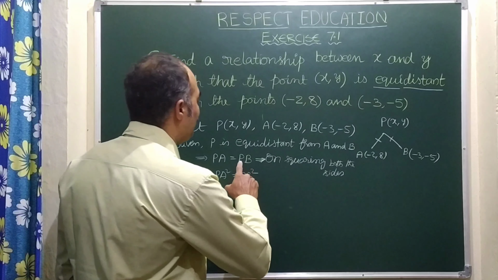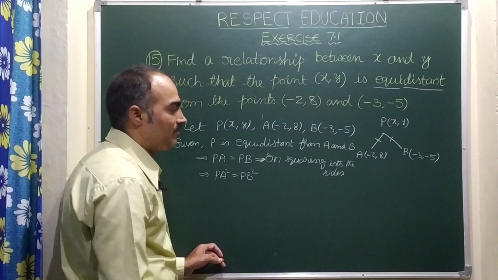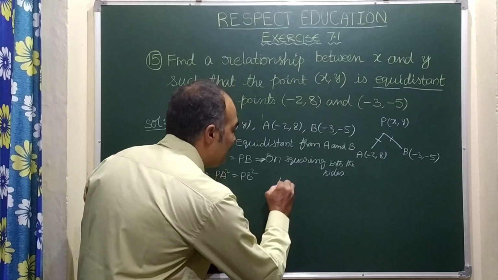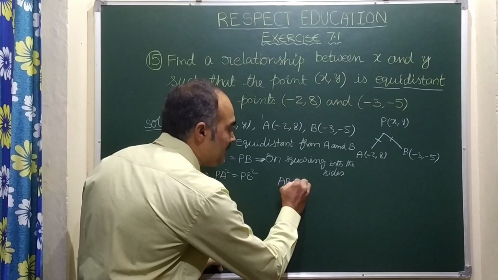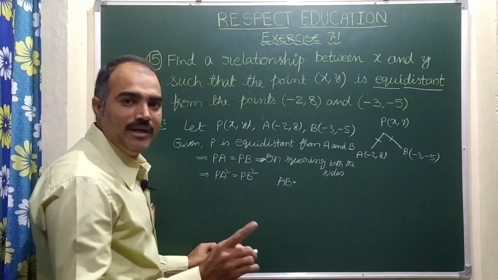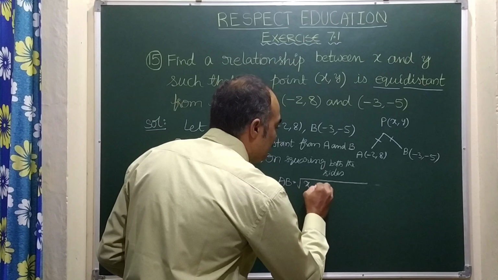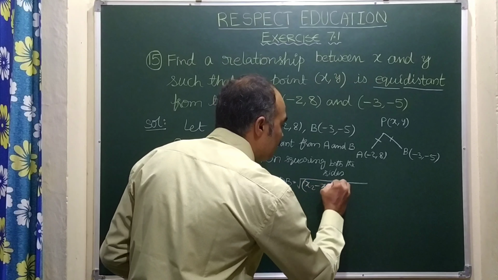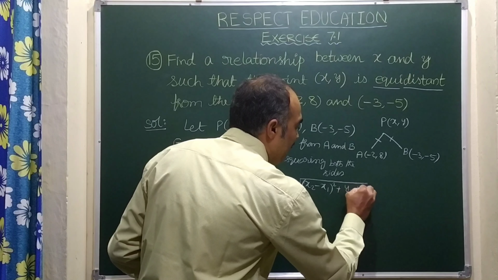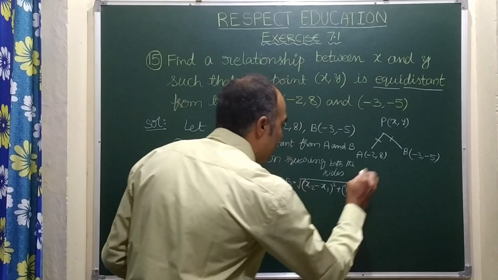Now as we know the distance between 2 points, let us write the formula here. The distance between 2 points A(x1, y1) and B(x2, y2) is the square root of (x2 minus x1) whole square plus (y2 minus y1) whole square.